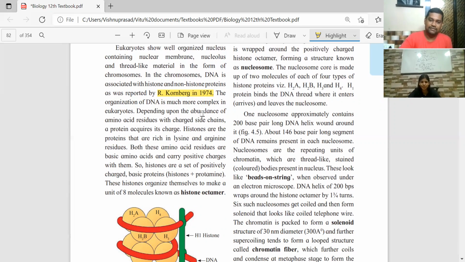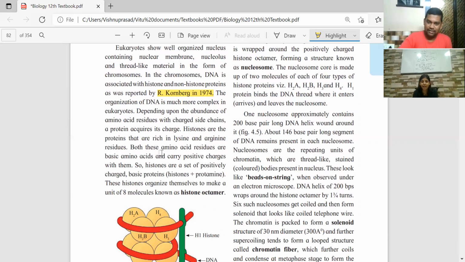Now see, in the case of eukaryotes, the protein inside the cell is made up of amino acids, and there are 20 amino acids in all. Each amino acid molecule has something called a side chain.